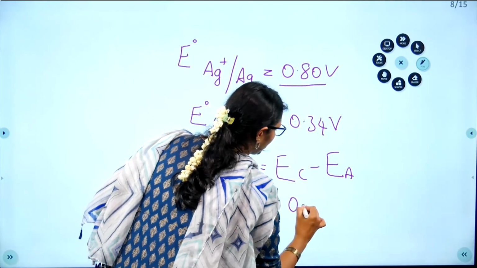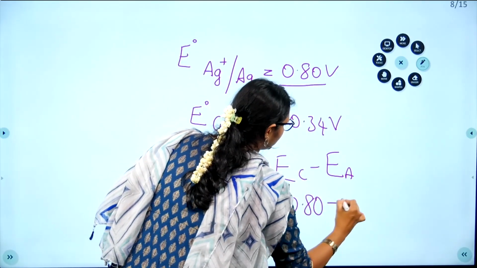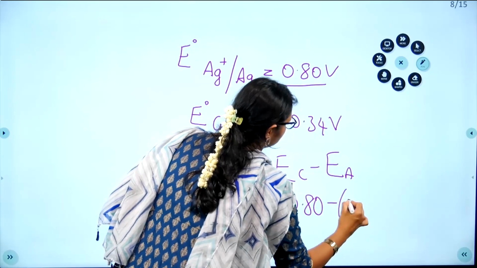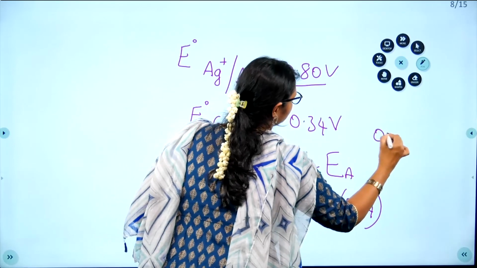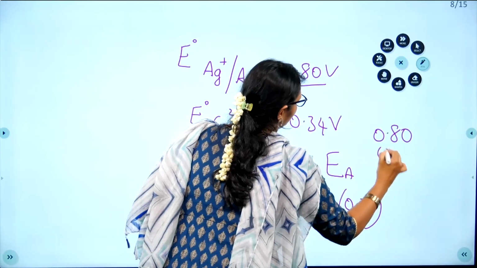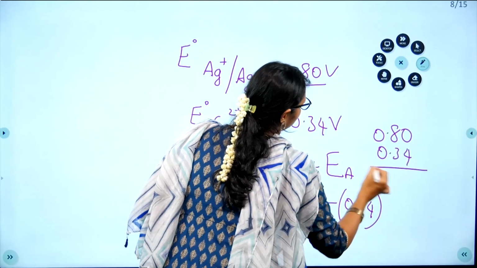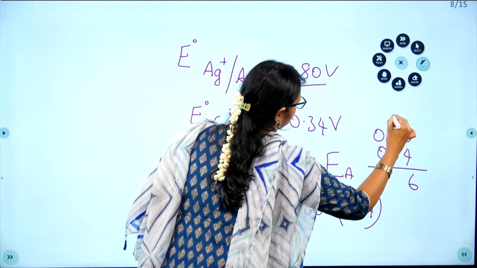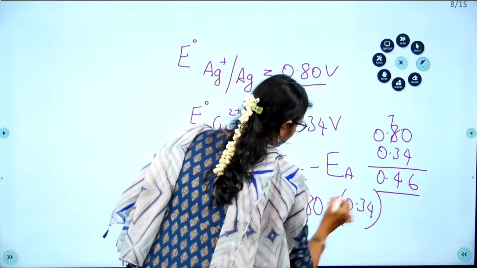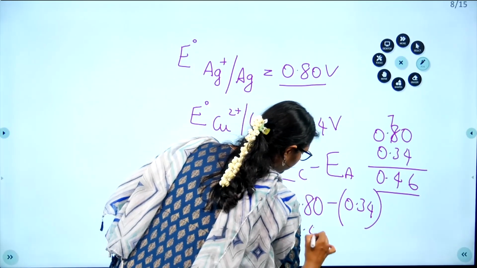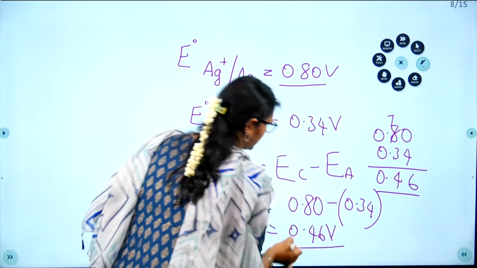So 0.80 minus 0.34. So we don't have a minus sign here. So 0.80 minus 0.34, subtract. So you will get 0.46 volts as the answer.